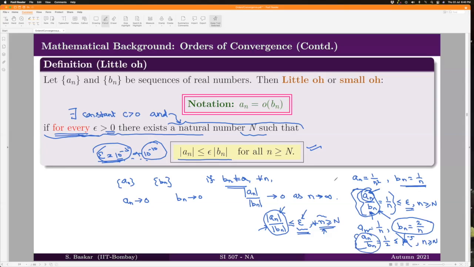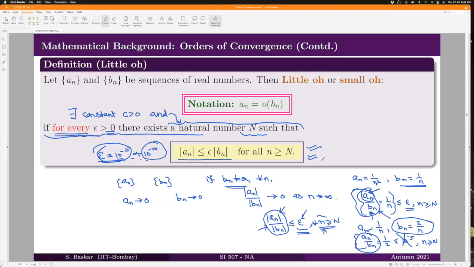Therefore, small o is demanding something more than what big O demanded. The small o says that an is equal to small o of bn if an strictly goes faster than bn. That is the intuitive idea behind small o. Big O means it can go faster, or at least it should go as fast as bn.